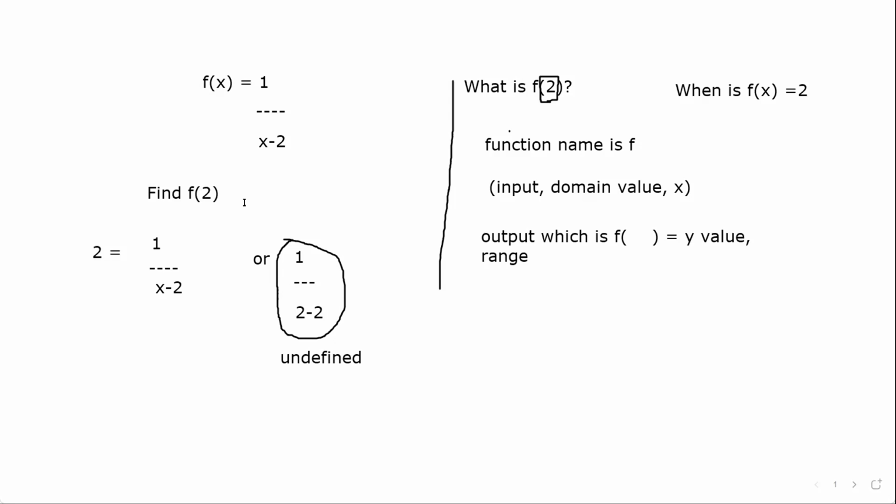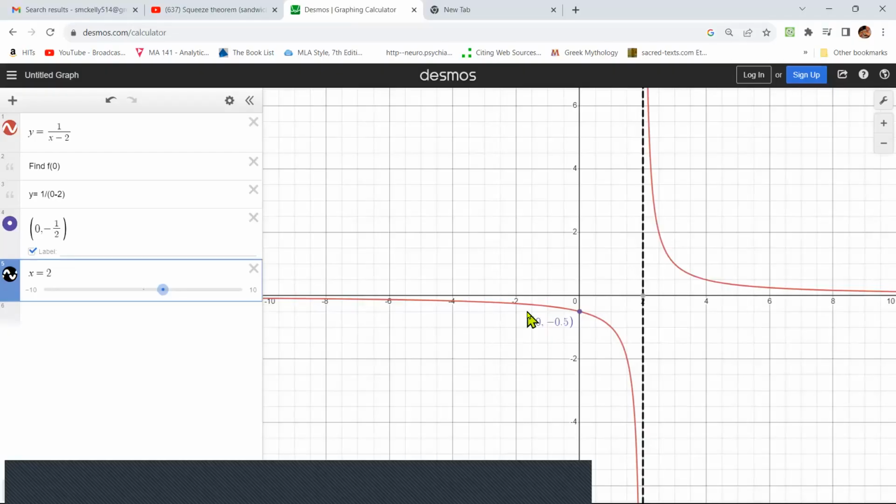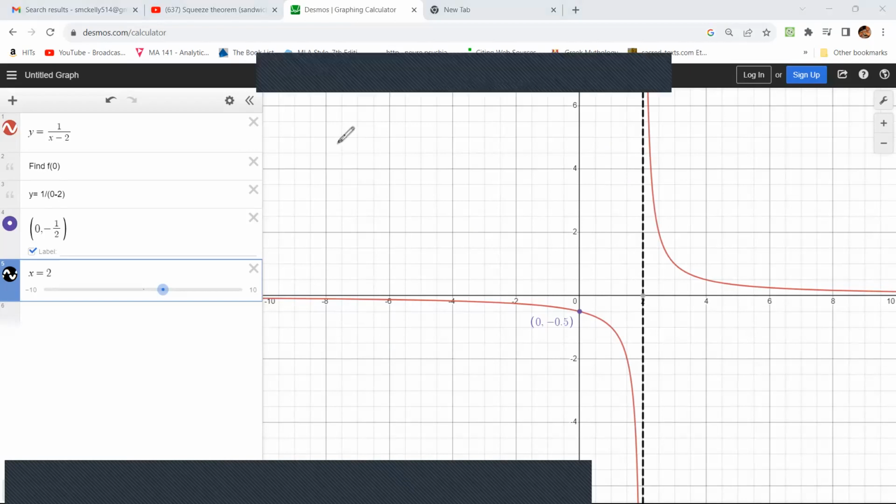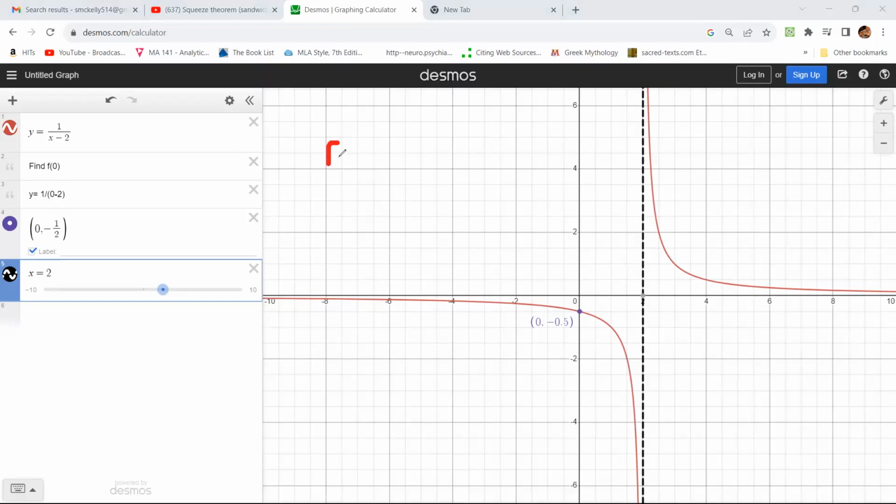Now, if I go back to this, let's look at f of 2. Let's say I asked you to find f of 2 here.